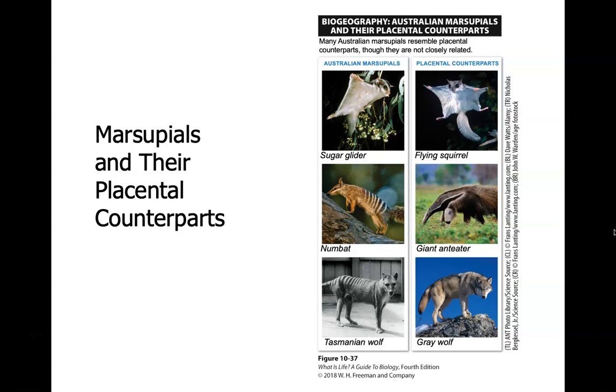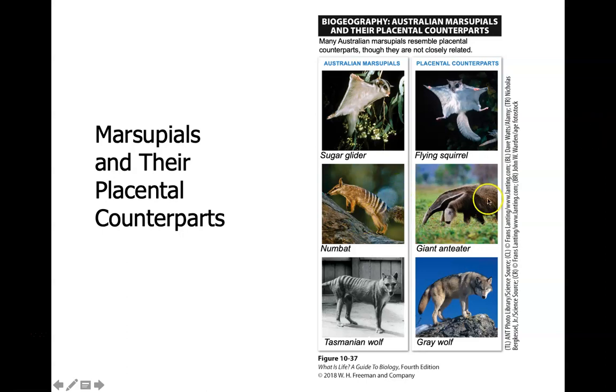But you can use biogeography to see how these guys are related. If all of these pouch marsupials are found in one location, they are more likely related to each other than they are related to something far away that has a similar adaptation. So we've got the sugar glider and the flying squirrel. They both have similar adaptations due to the environment that they live in, but they are not very closely related.